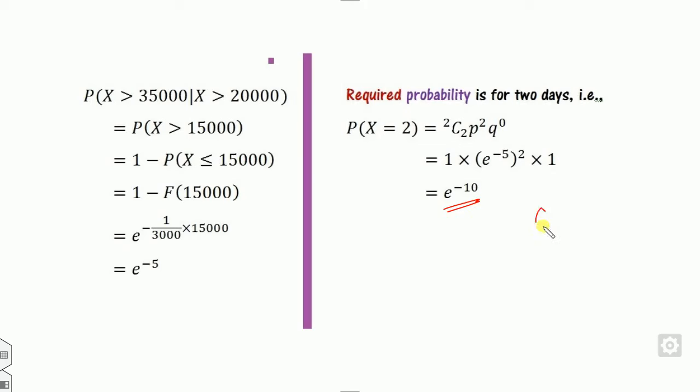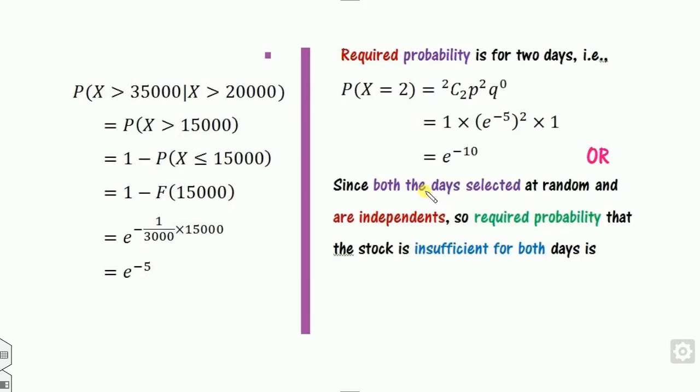Otherwise, you can also use the other method. Since both the days are selected at random and they are independent, what is the probability that it is insufficient for both the days? It means probability of the first day and the second day, so both means intersection.